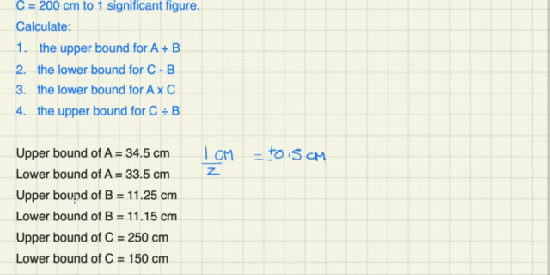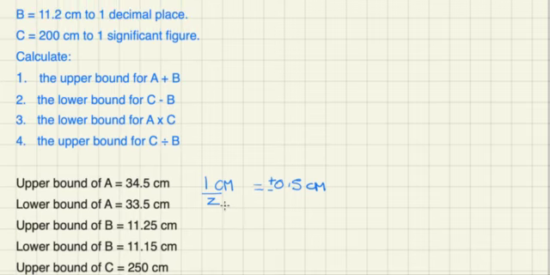The upper bound, let's just remind ourselves for B. So B was to 1 decimal place. What's happened here is that this is the decimal point, and this is the first decimal place.